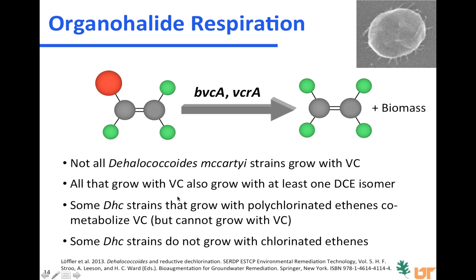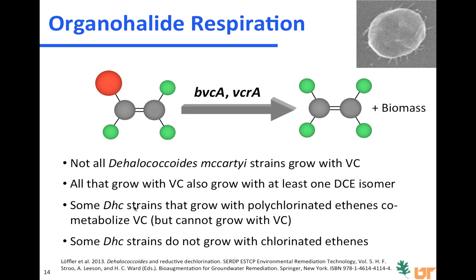Now all of them that grow with vinyl chloride, they also grow with at least one of the DCE isomers. Then some of these Dehalococcoides strains that grow with polychlorinated ethenes can co-metabolize vinyl chloride, but they cannot grow with it. And some Dehalococcoides strains do not grow with chlorinated ethenes at all.